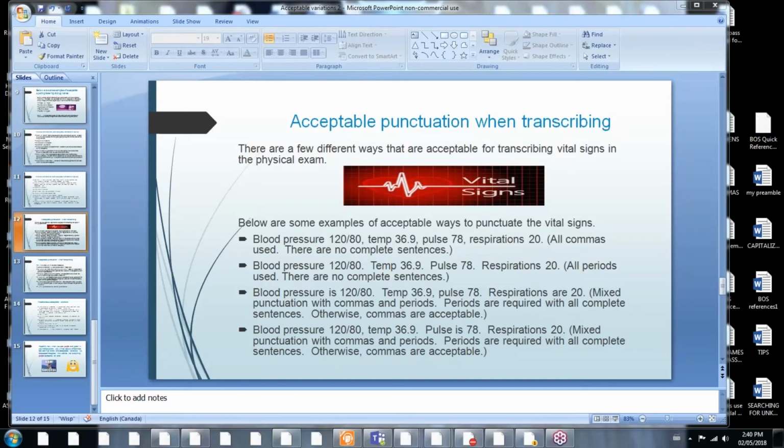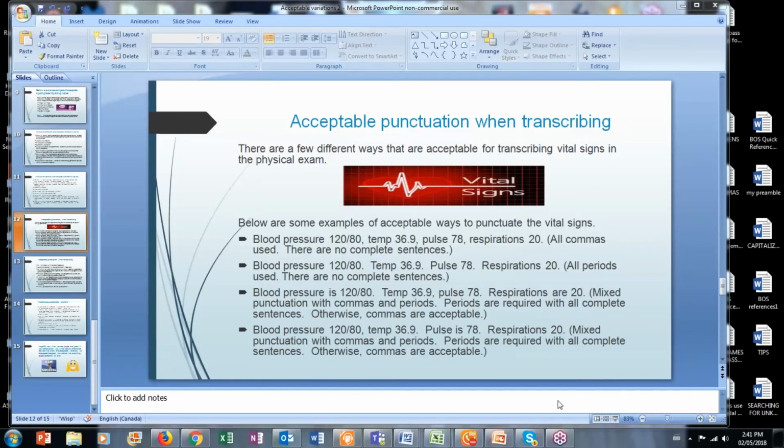We can't have pulse is 78 joined to the comma before it because it is a complete sentence. Now you could have pulse 78, comma, respirations 20. You could do that because respirations 20 is not a complete sentence.